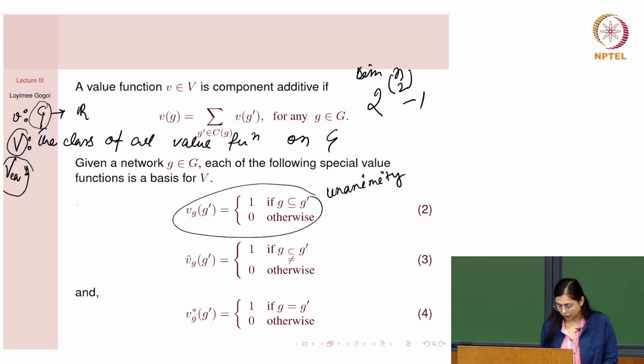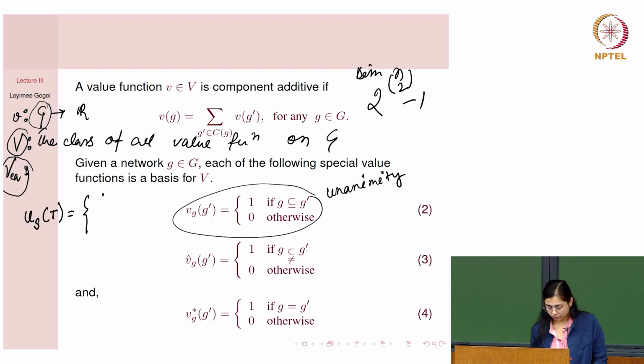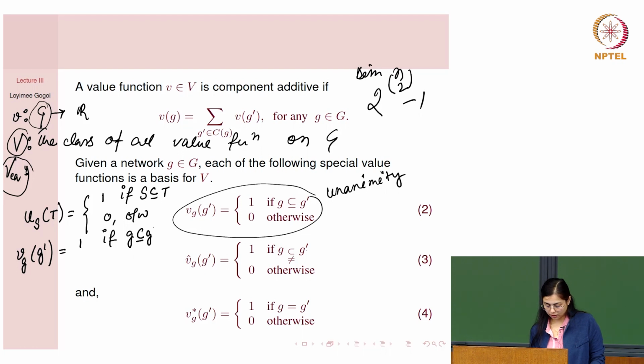So yesterday, what was the definition I gave you for the unity game? Do you remember? It's just an extension from there: S contained in T gives 1, otherwise 0. Here it is the same definition. So it is 1 if Z is contained in that graph.